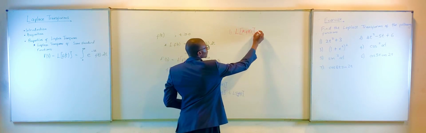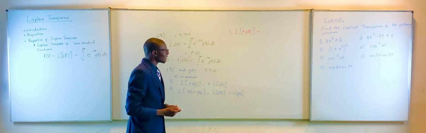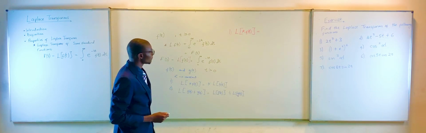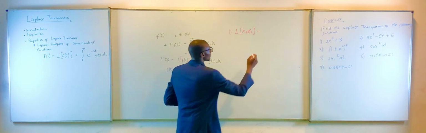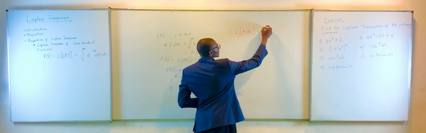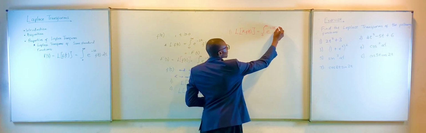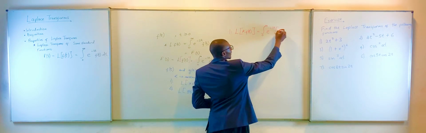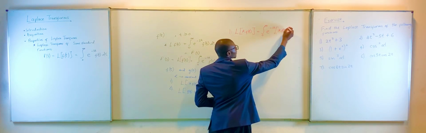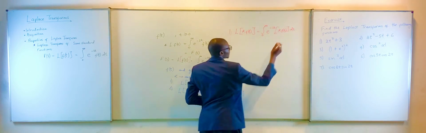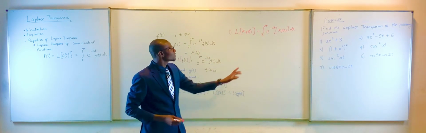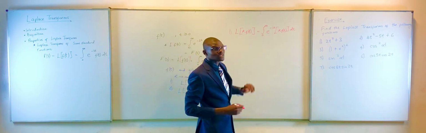From the definition, this would be equal to the integral from 0 to infinity of e to the power minus st multiplied by k f of t, dt. But you know that when integrating, we can take out the constant here.